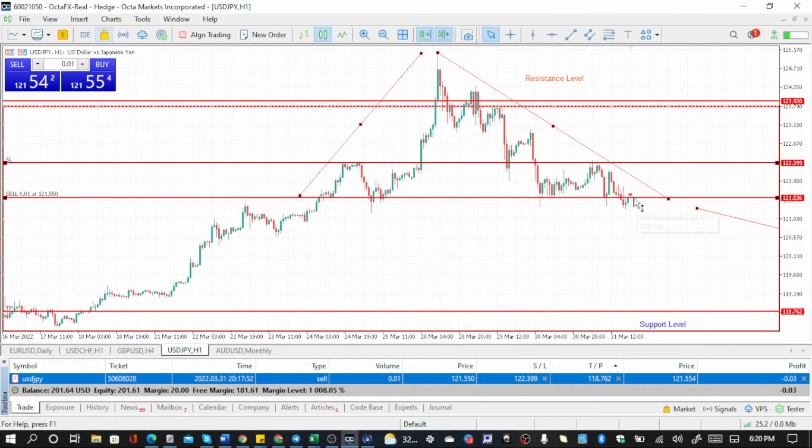If this trade goes from here to here, it might not be a straight journey, so I'm not expecting it to just fall down like this. It might come here, rally, come down a bit, rally up again, come down a bit, and touch this level.